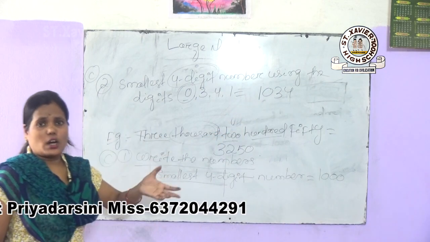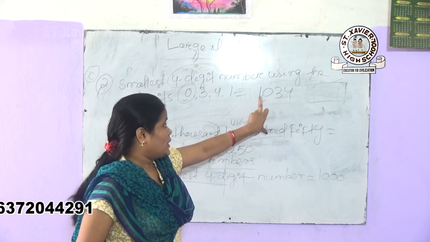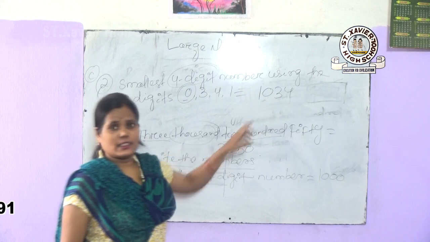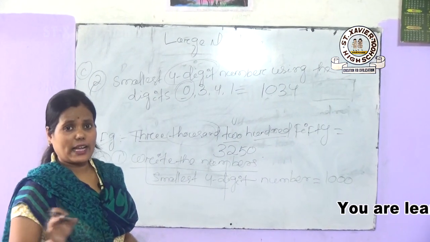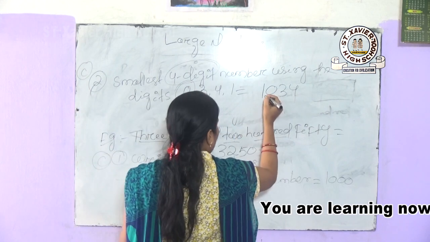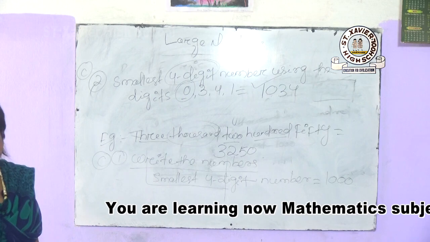It is the smallest 4-digit number, 1034. Okay, 0 will not come first, because if 0 comes first, it becomes a 3-digit number, not a 4-digit number. And there will be no comma in between these digits, because if a comma comes, these become separate digits, not a number. So your answer is 1034.